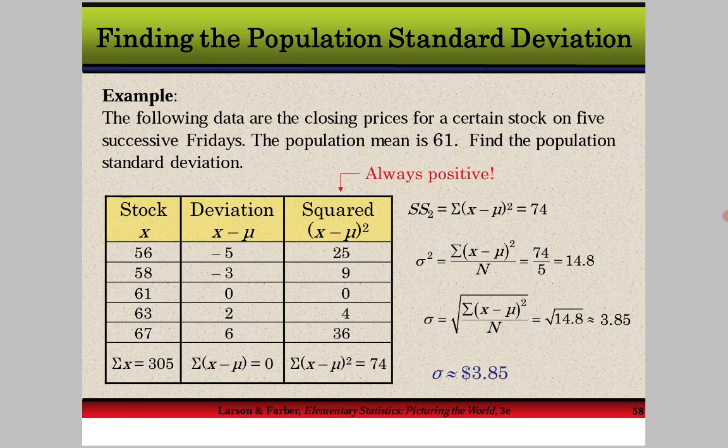The population standard deviation sigma is the square root of sigma (x minus mu) whole square by N, or the square root of sigma square, that is the square root of 14.8, which is 3.85. So the population standard deviation is approximately 3.85.